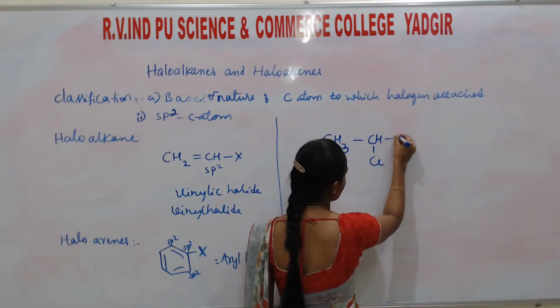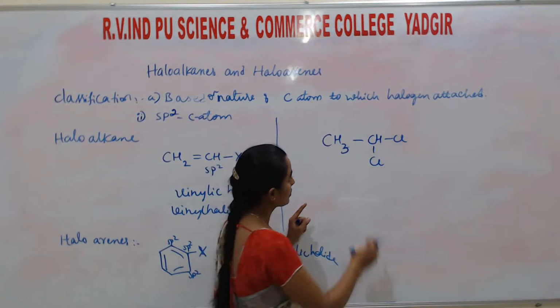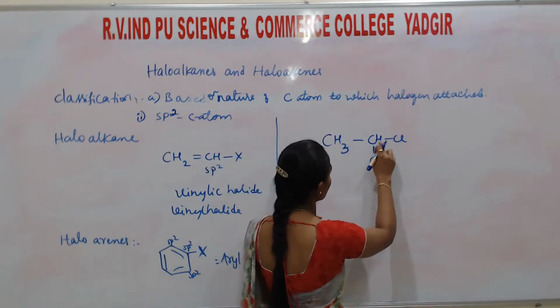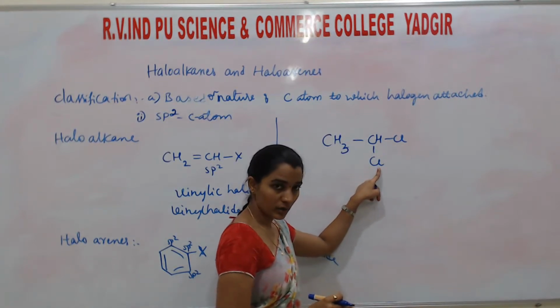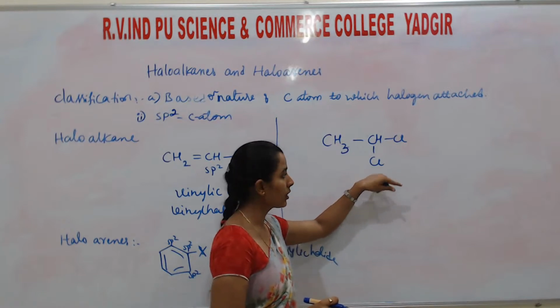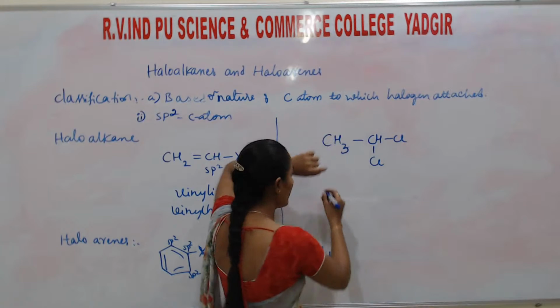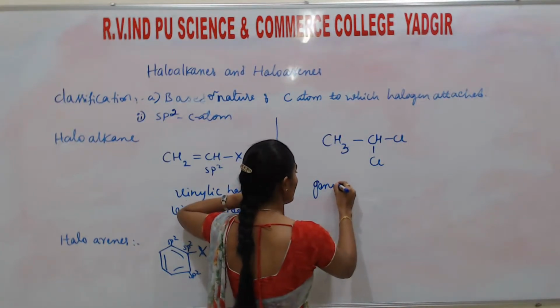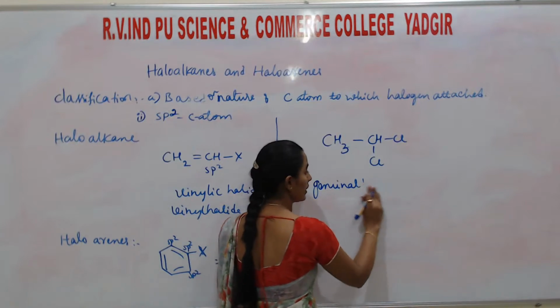Students, here Cl is attached, assume. If the halogen atoms in a dihalogen compound are attached to the same carbon, then they are called geminal halides. Geminal dihalides.